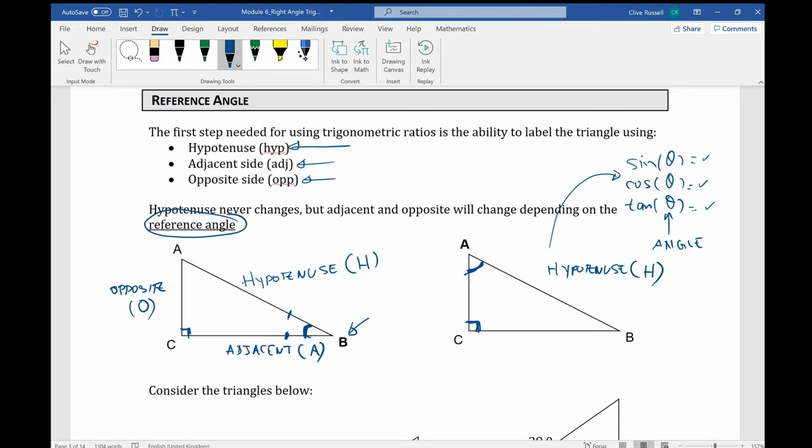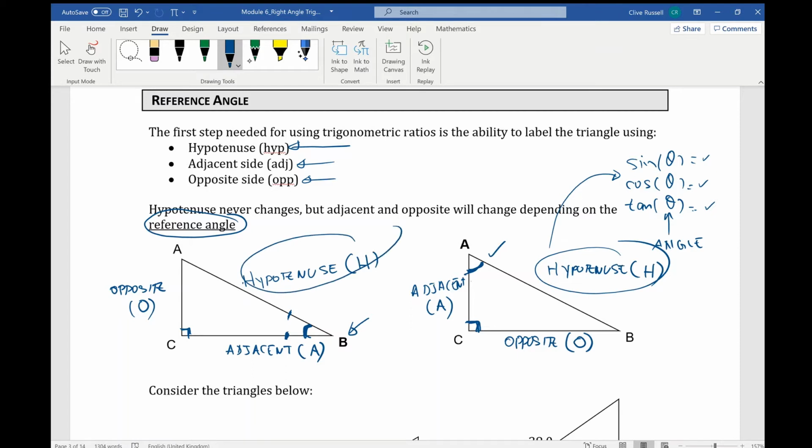Let's now look at when the reference angle is A. So again, opposite A would be this over here, opposite, which we're going to call O. So now this one has to be the adjacent, which we're going to call A. So notice that in both triangles, regardless of what the reference angle is, the hypotenuse is going to be the same, but the opposite and adjacent will change.